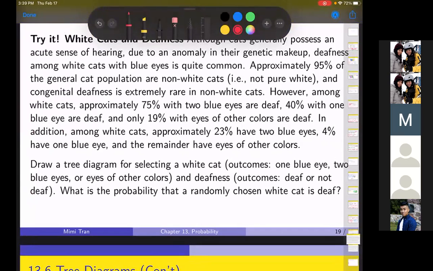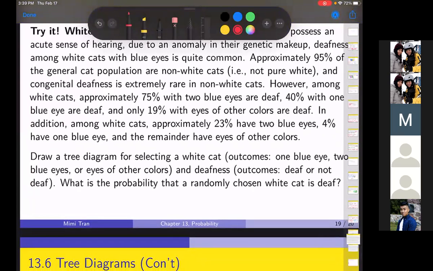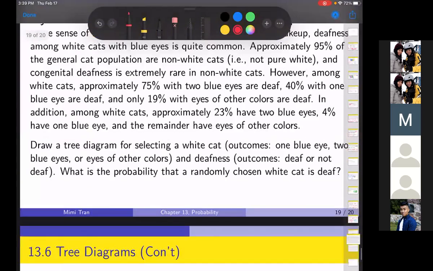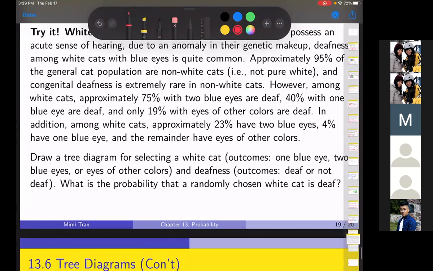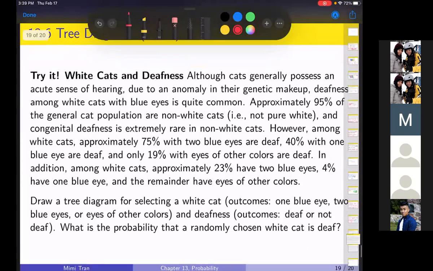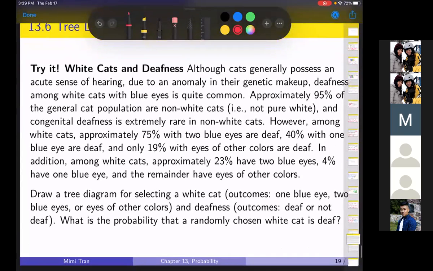However, among the white cats, approximately 75%. In addition, among white cats, approximately 22% have blue eyes, 4% have one blue eye. So that means only 5% are white cats. However, among white cats, approximately 75%. Something is wrong.